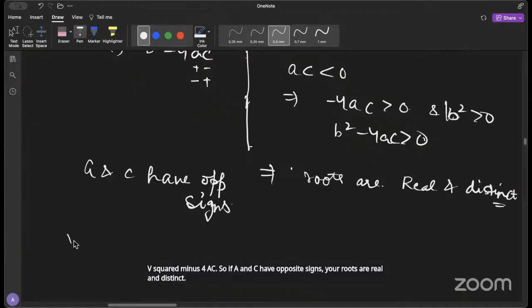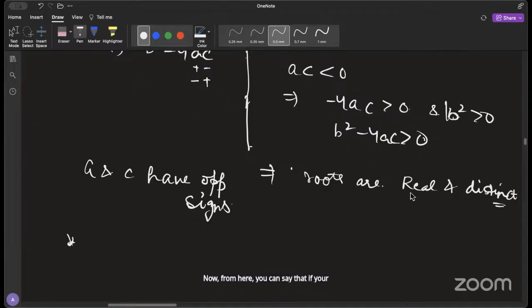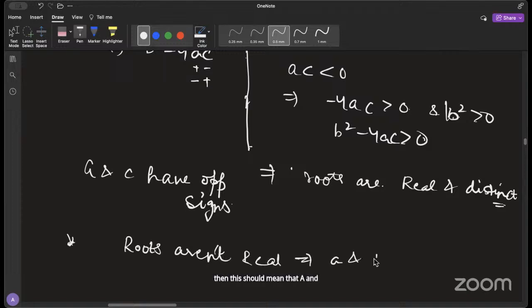Now from here you can say that if your roots are not real, then this should mean that a and c have same signs. Right?